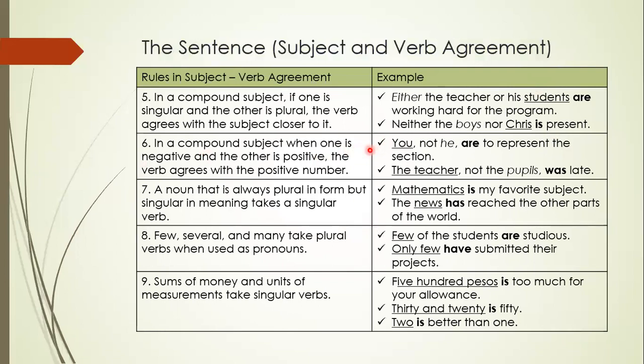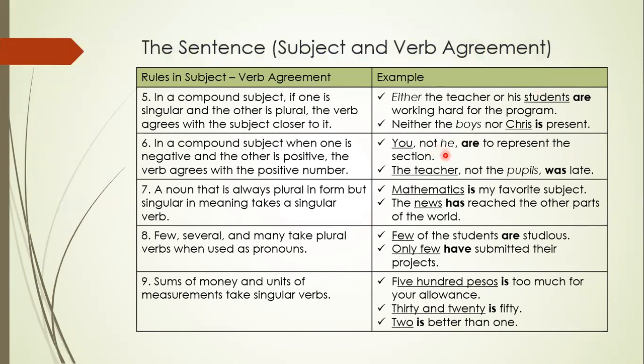Let's look at the example. First sentence for number 6. You, not he, are to represent the section. So these are the subjects. You, first one, and the second one is he. But the second subject is negative because it's got not he.